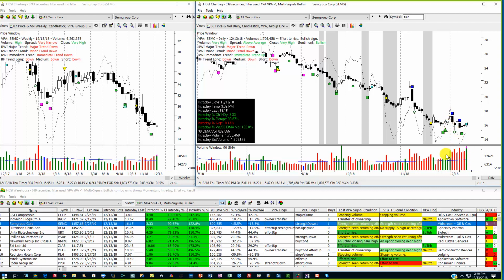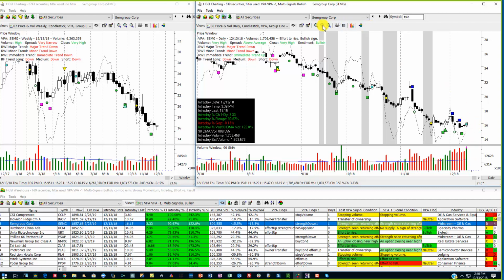A lot of heavy volume spikes in through here, and they're mostly red. Some of you may not know this: volume bars are going to be red if the close is lower than the open, and if the close is higher than the open, the candle is going to be green.